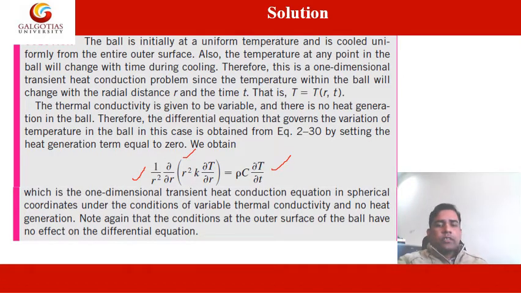This is how the equation for the spherical system will be transformed, and the solution of this equation will give us the other parameters that are required to understand the temperature variation across the radius as well as with time.